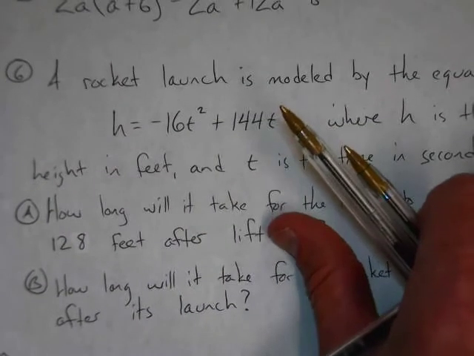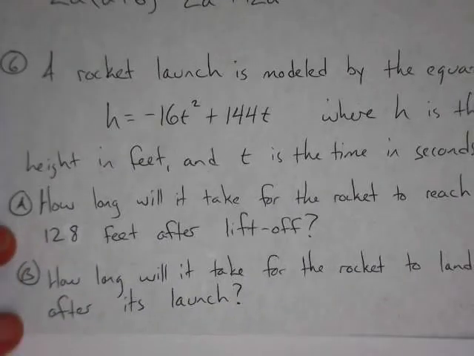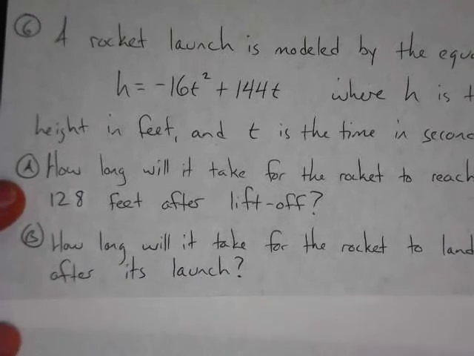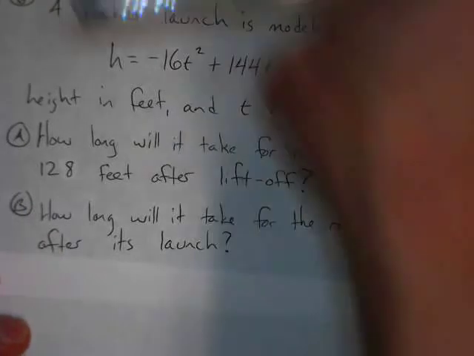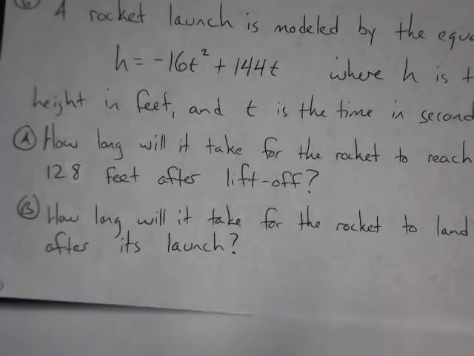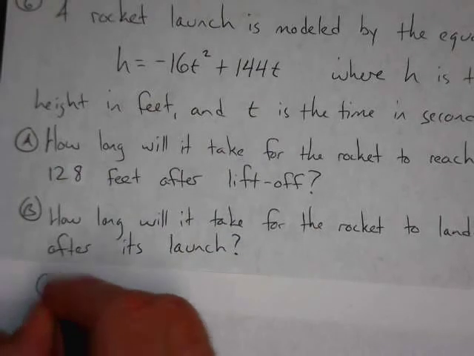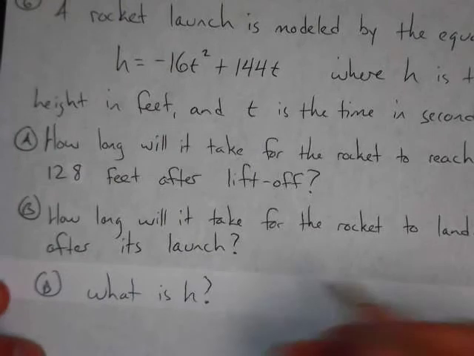But remember, I asked for a different question as well. How long will it take for the rocket to land after launch? For question B, what is h going to be?